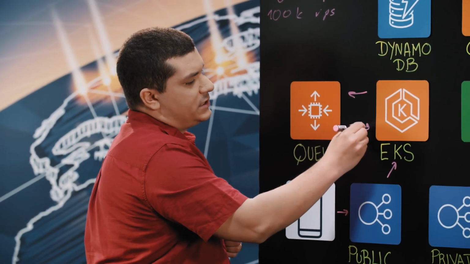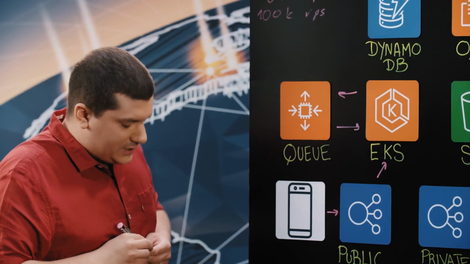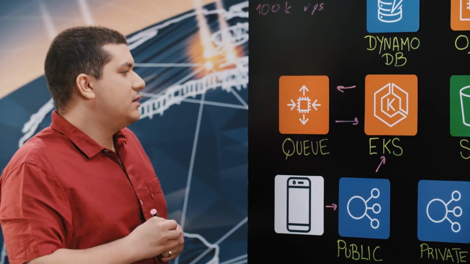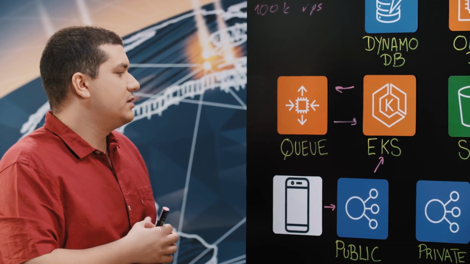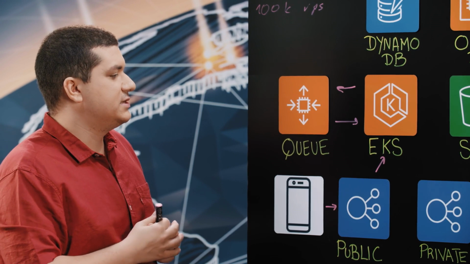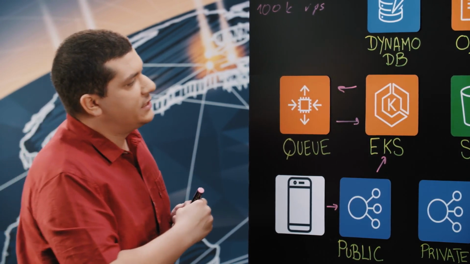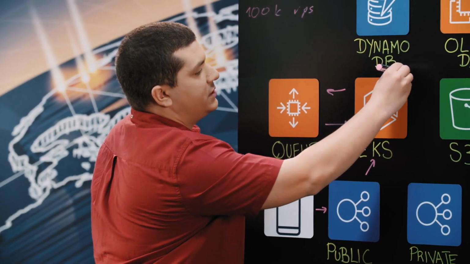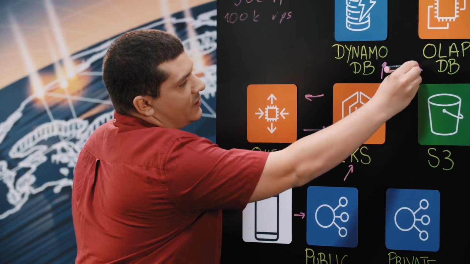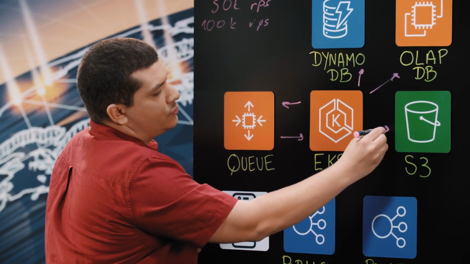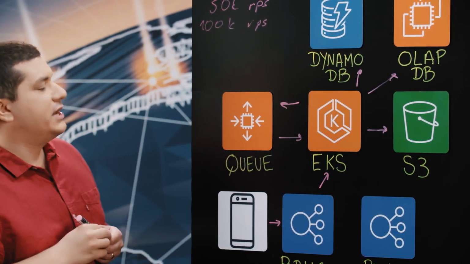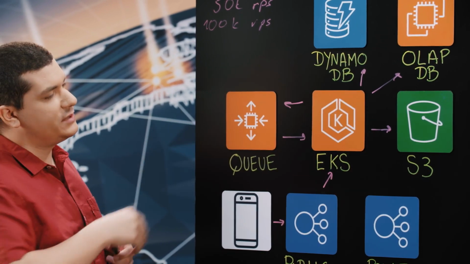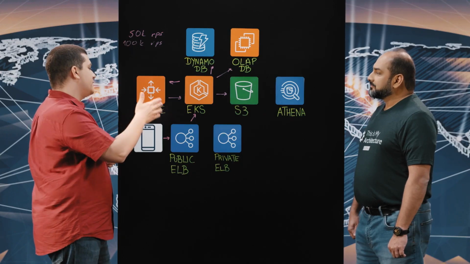Once we write the data, we read it back into EKS to our consumers, and we provision more consumers depending on how much data we have in the queue. And once we read that data, that piece of traffic, we write it three ways. We write it to DynamoDB, our OLAP DB solution, which is ClickHouse, and then we write it to an S3 bucket.